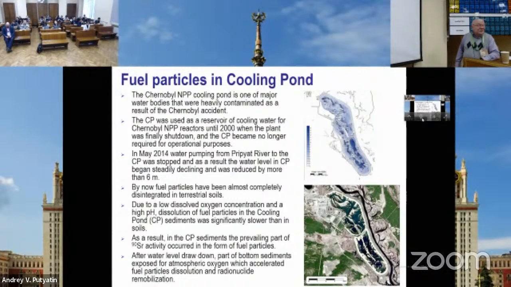So a lot of bottom sediments started to be exposed to the air. And therefore, the fuel particles in these bottom sediments started to be oxidized by oxygen, and strontium started to be released from the fuel particles. This caused a substantial increase of strontium concentration in the water of these water bodies.